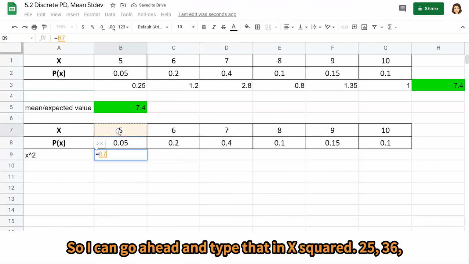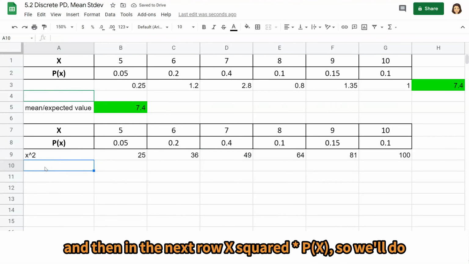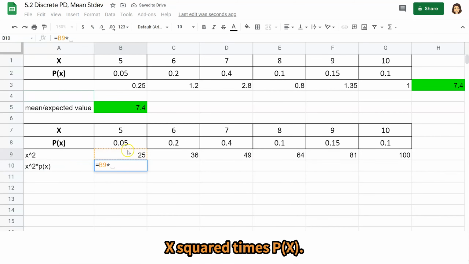So I can go ahead and type that in: x squared, 25, 36, 49, 64, 81, 100. And then in the next row, x squared times p of x. So we'll do x squared times p of x.